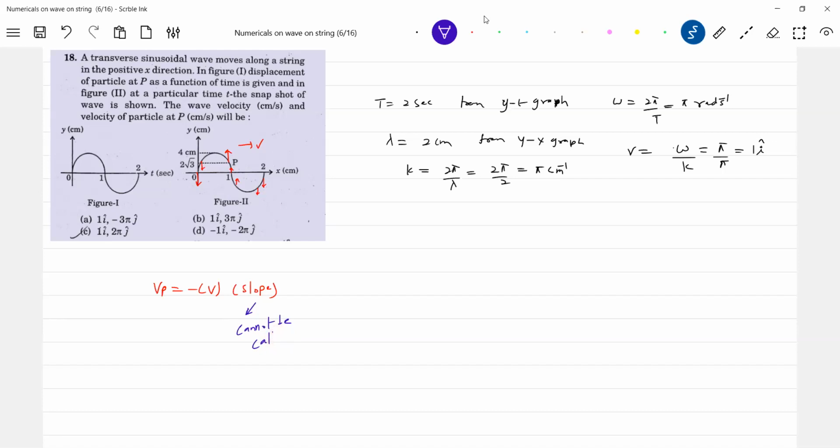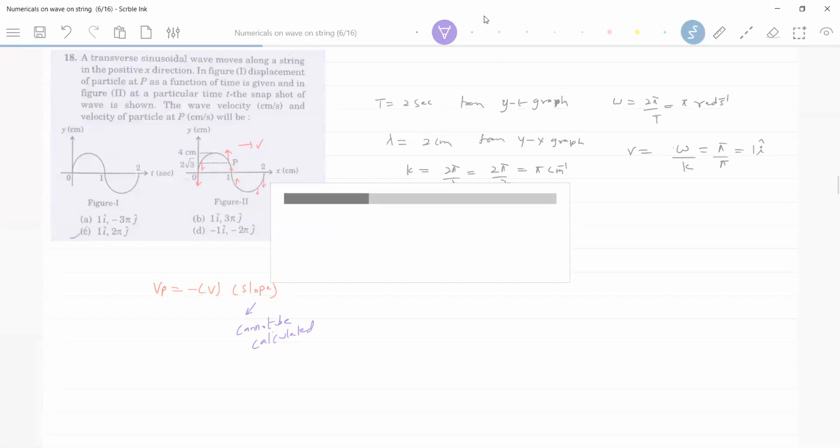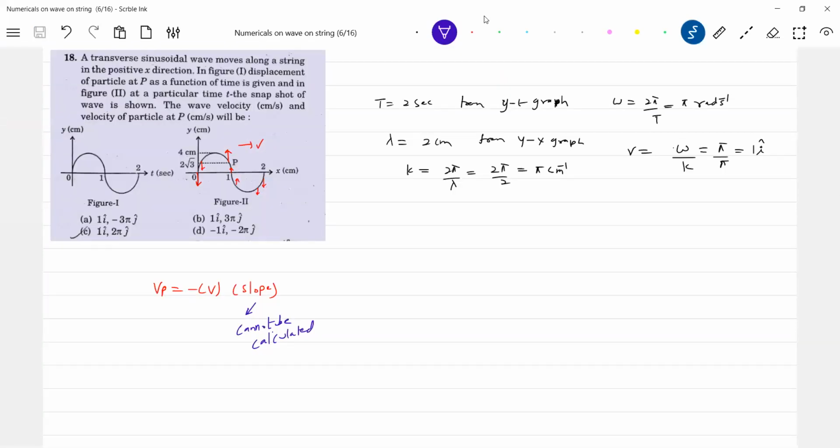It cannot be calculated because the data is not there. What to do now? Anybody? I want students to really answer this. Anybody want to answer?